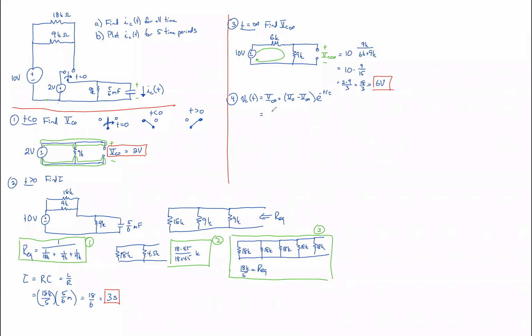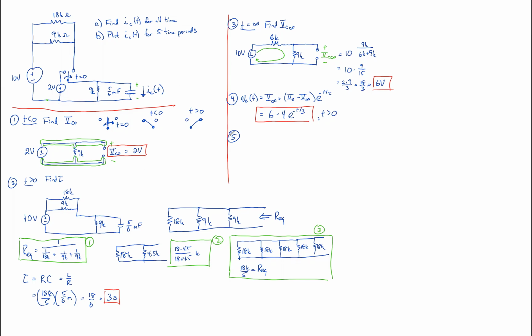So our V of infinity is 6. V naught is 2 minus 6. That gives us minus 4 e to the minus t over our tau, which we said is 3. That's our simplest step. Of course, this is only valid in certain regions. This is only valid for time greater than 0. For time less than 0, we already found it in step 1.